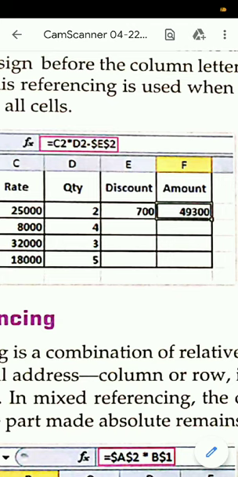It should remain constant, and when we copy the formula, it should not change. So we write C2 into D2 minus $E, meaning you put the $ before the column, and the row you want to keep constant should be mentioned here. This is row number 2.